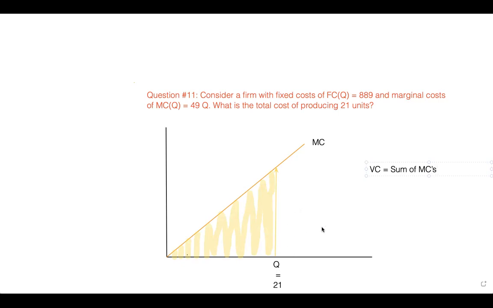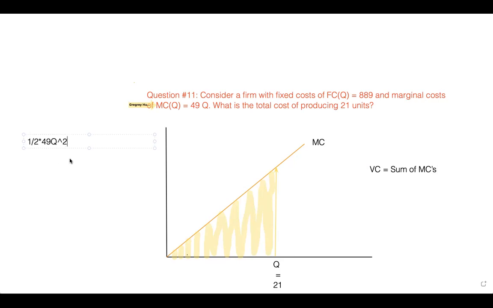If you think about the antiderivative of this marginal cost curve function, and I don't know if you did this or not, Scott, I'll put it here: 1/2 times 49q squared.